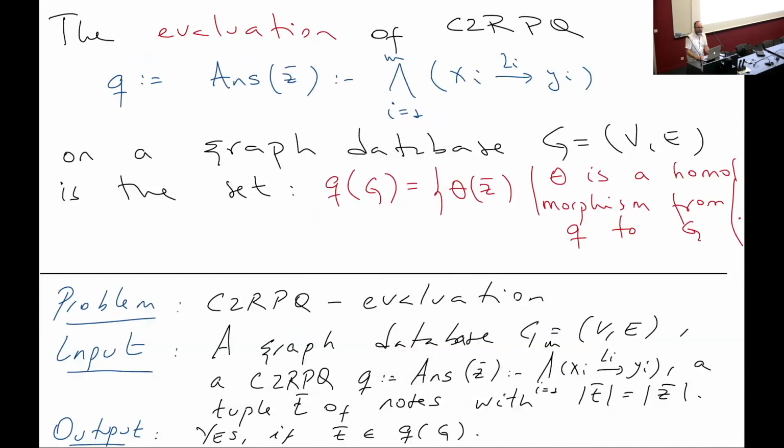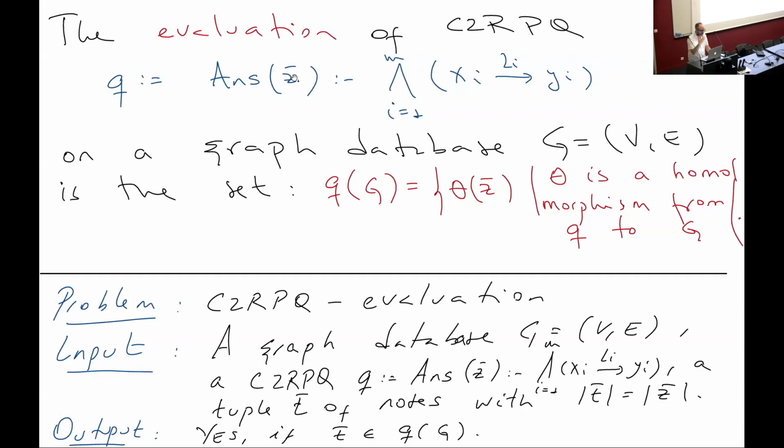So now we have this problem, C2RPQ evaluation. We have a graph database, we have a conjunctive two-way regular path query, we have a tuple of nodes. Imagine that the query is Boolean, that is, it doesn't have free variables, it doesn't have variables projected here.